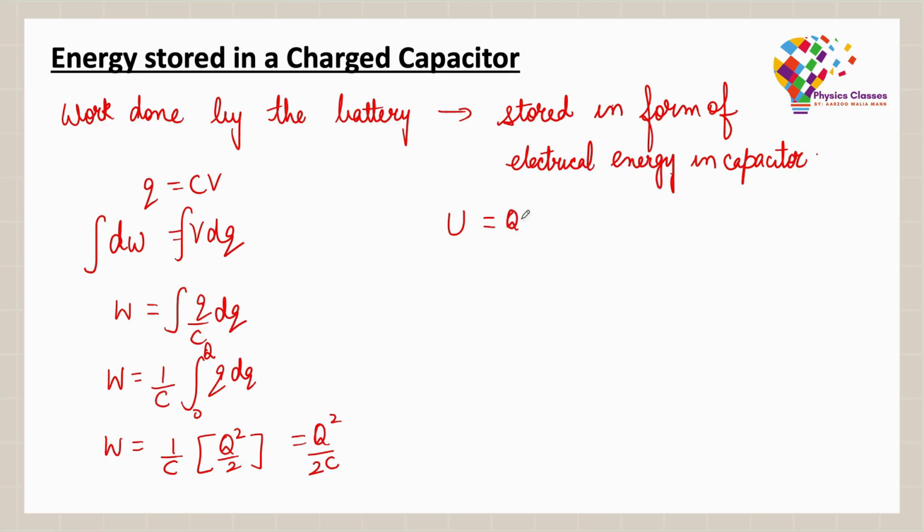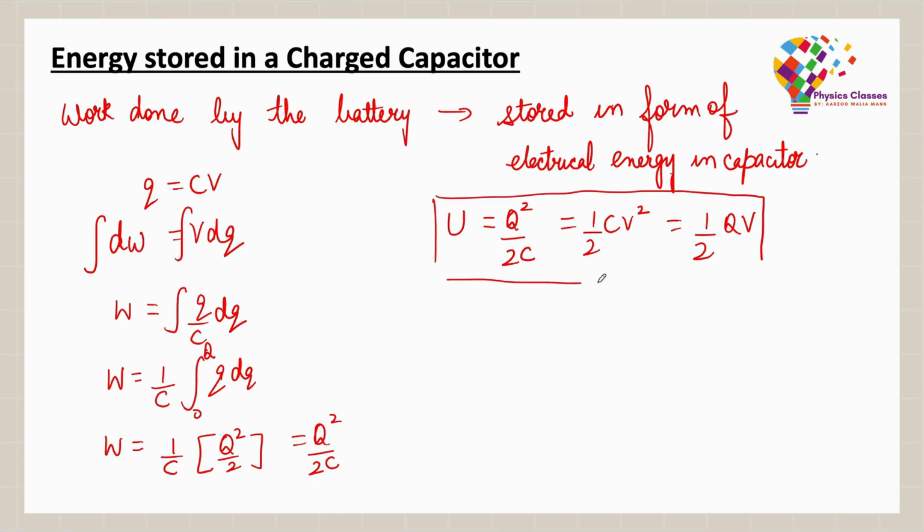Now, since I know that Q can be written as CV, if you replace this with CV, you will have 1 by 2 CV square. So that's another form of the same formula. If I substitute V as Q by C, then the same formula can be written as half into QV. So it's the same formula written in 3 different forms, depending on whether you want to write it in terms of charge and capacitance, or charge and potential difference, or capacitance and potential difference.